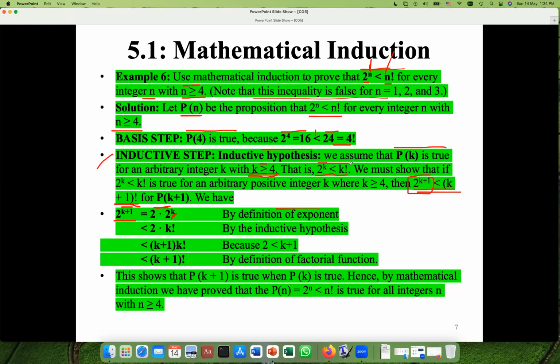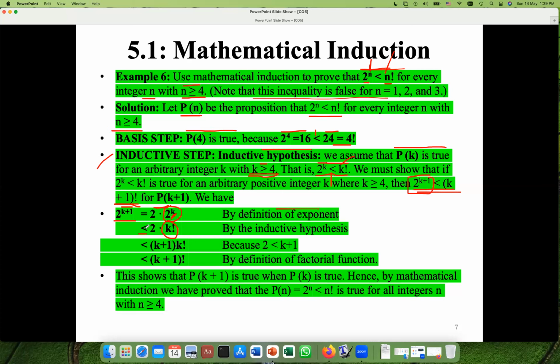And that 2 to the power k is less than k factorial. So now we are going to replace that 2 to the power k with k factorial. If we replace it, then we cannot use the equal operator. What is the operator here? Less than. So that's why the operator is also changed. It's okay, because this 2 to the power k is less than k factorial, so we can replace it, but the operator will be changed.